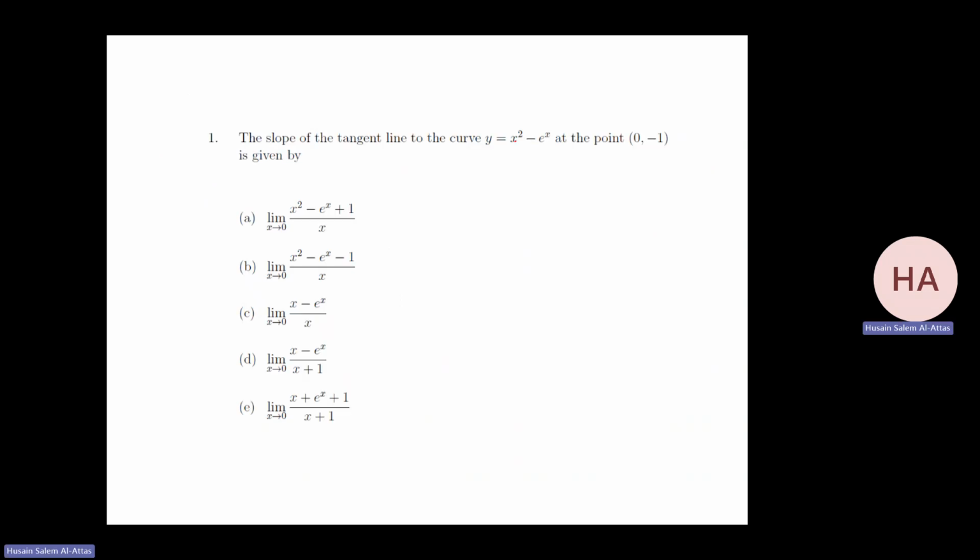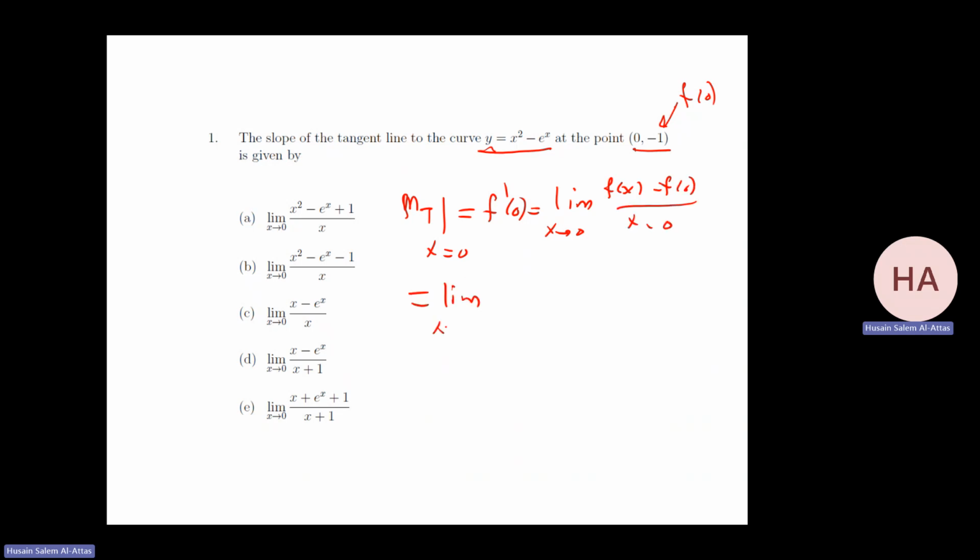Another problem, same idea. This is the function. This is the point. He gave me the point, so this is f at 0. So I have the slope, m tangent at x equals 0. It will be f prime at 0. It will be the limit as x goes to 0 of f of x minus f of 0 over x minus 0.